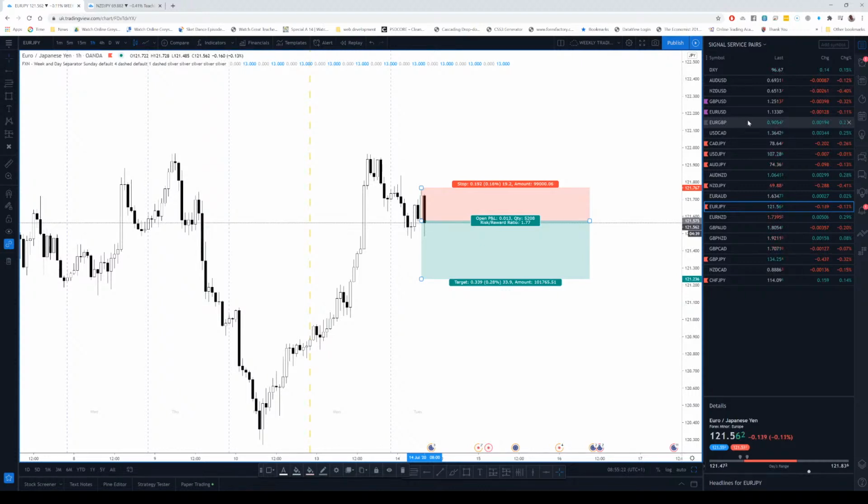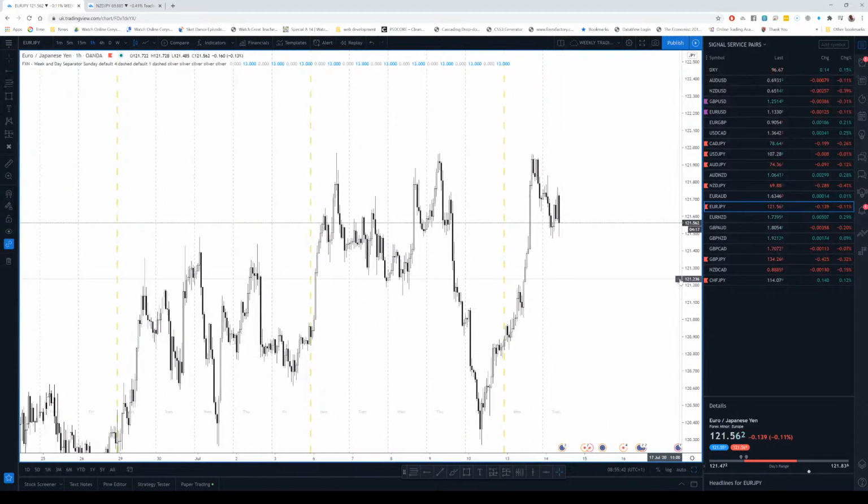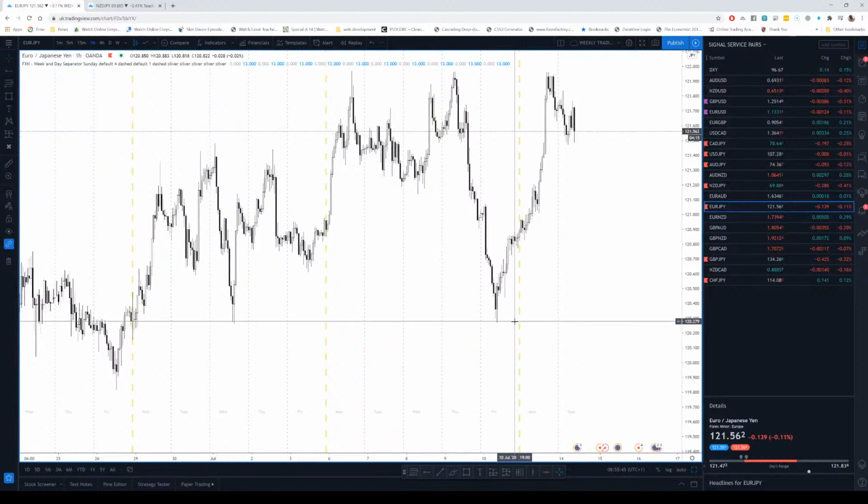Once this pair gets to where it needs to get to, then I'll be looking for a sell. So let's see if, once that pair gets to where it is, this would have given us something to sell, because I like these equal lows that they've left.